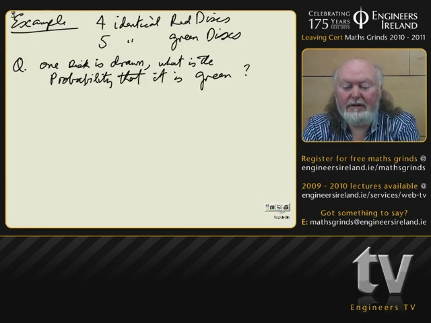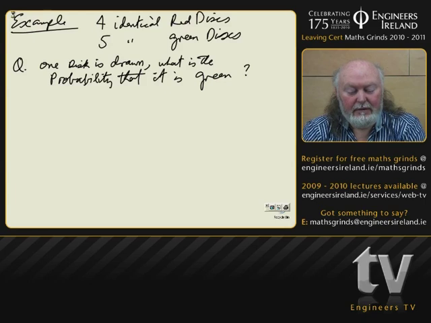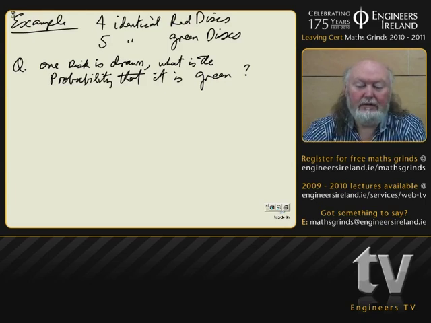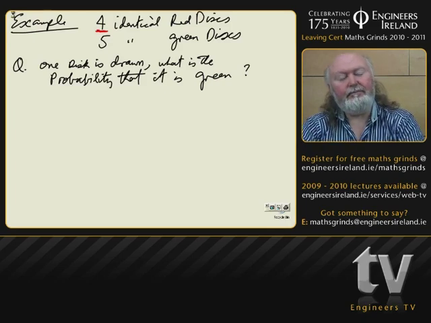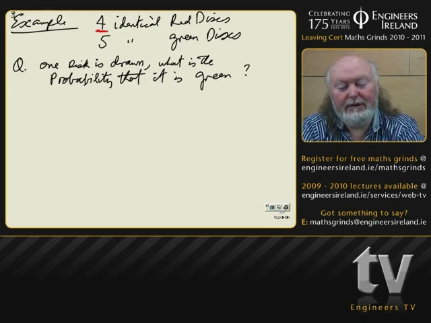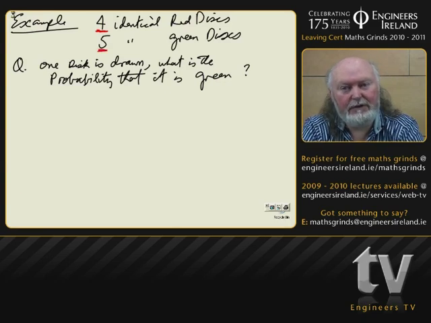What is the probability that it is green? Very simple looking problem. It's only in here to clarify one issue. If you were to actually examine the 4 red discs, they would look absolutely identical to you. Same size, same shape. And likewise, if you looked at the 5 green discs, they would look the same as each other. And we will just take it that they're identical. So we have 4 identical red discs, 5 identical green discs.